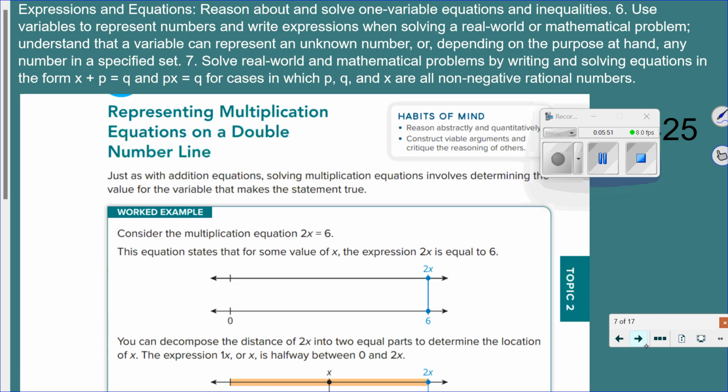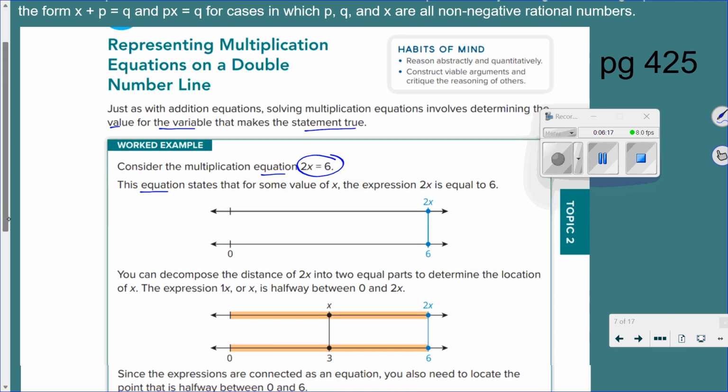Okay, today we're gonna take the next step. Last time we worked on addition equations. Now we're gonna do solving multiplication equations. It involves determining the value for the variable that makes the statement true. That's what a solution is. Okay, so if I have a multiplication equation such as 2x equals 6, this equation states that for some value of x, the expression 2x is equal to 6.